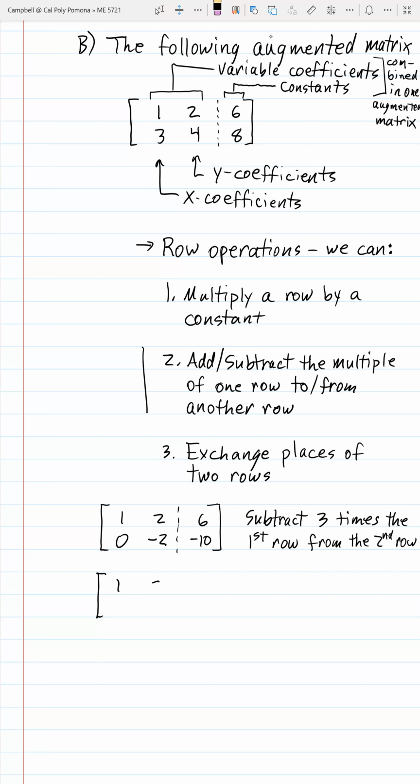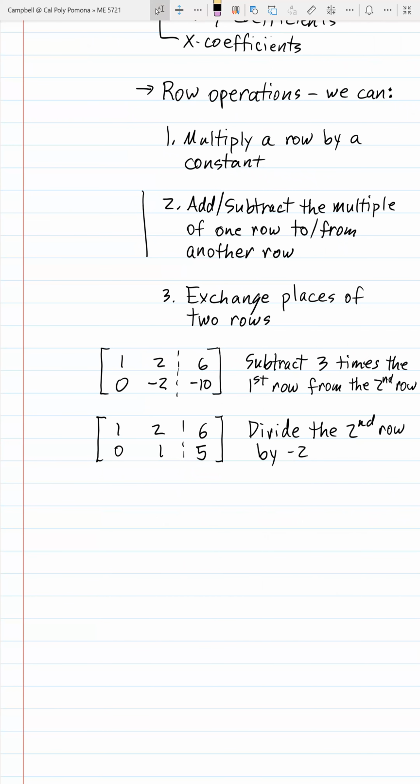So I'm not doing anything to the first row. That one I can just write straight on across. And then for the second row, 0, and then -2 divided by -2 is 1. And then -10 divided by -2 is clearly going to be 5. And so I got to this by dividing. Here, I'll just write it out as divide the second row by -2.